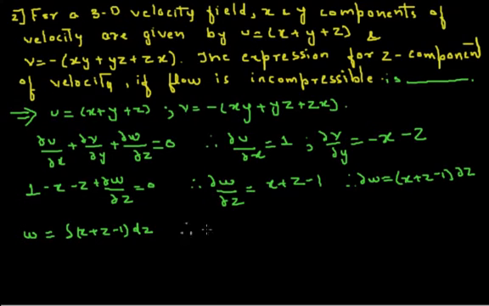This integration would yield w is equal to xz, plus z square by 2, and minus 1 is a constant, so we would get minus z, plus a function of x and y.